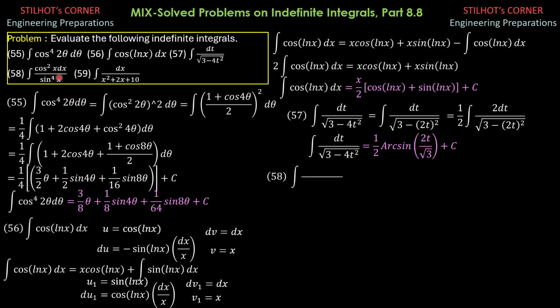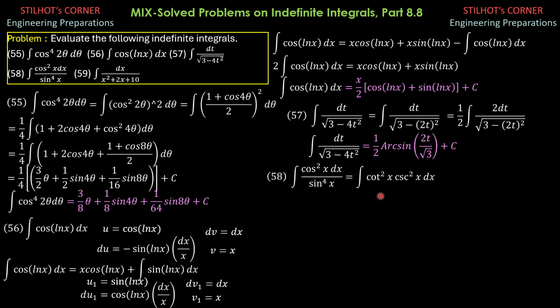Integral of cosine squared x dx over sine to the fourth x. We rewrite this as an integral, because cosine squared over sine squared is cotangent squared and 1 over sine squared is cosecant squared. So we rewrite this as integral of cotangent squared x times cosecant squared x dx.